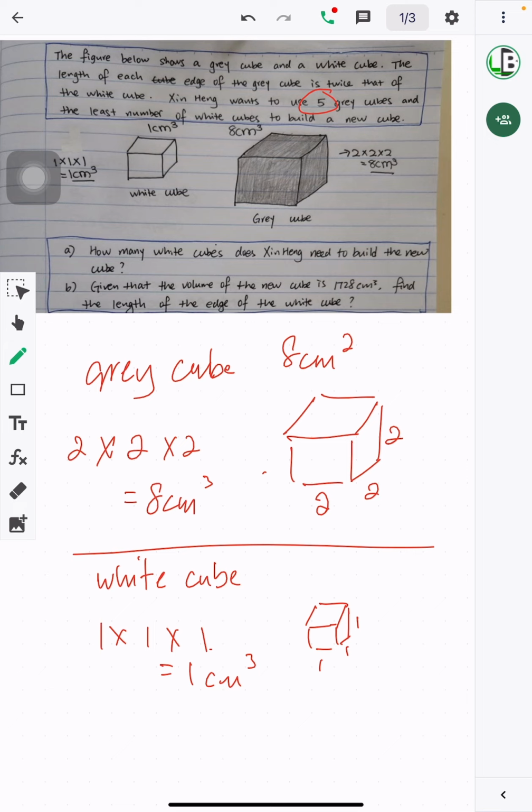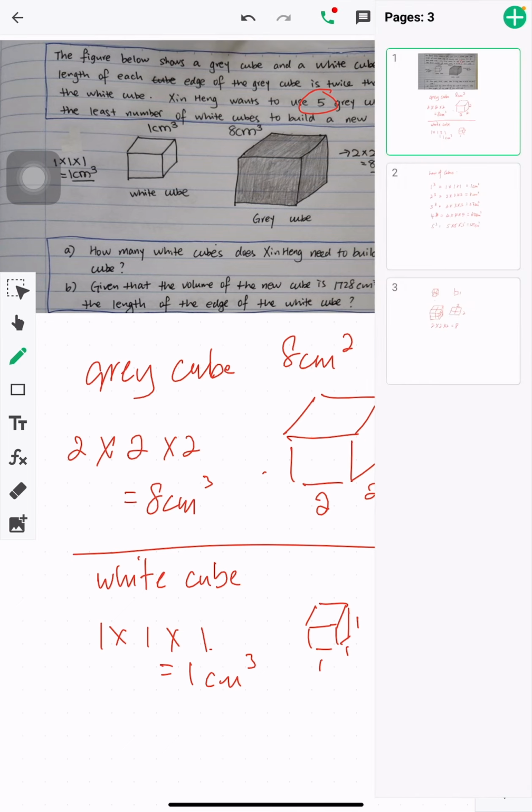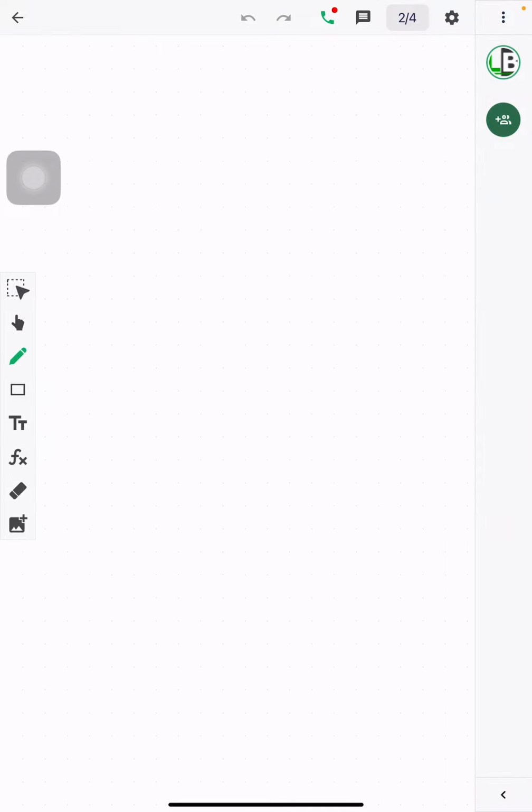That means I need to understand what's the total volume of this item here. So let's take the volume here, and then we just take 5 of the 8 cm cube here, and therefore we have 40.